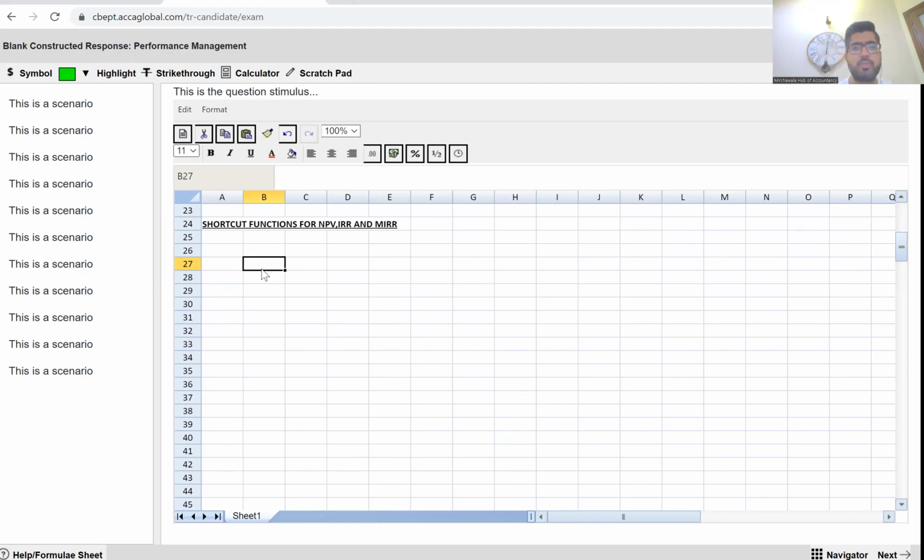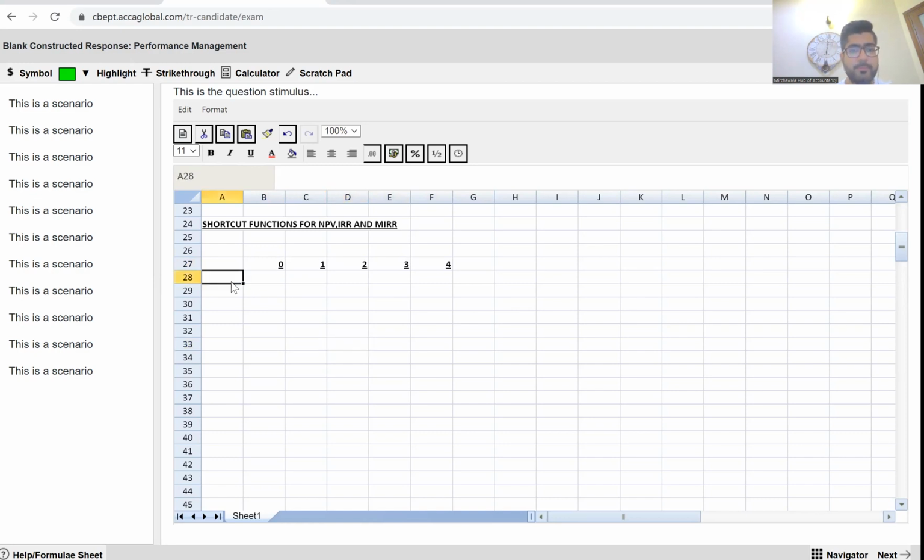Let's suppose a project has a 4-year life, so 0, 1, 2, 3, 4. A project has a 4-year life, so you make columns 0, 1, 2, 3, 4.